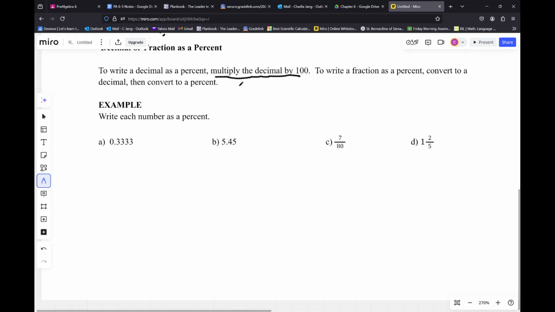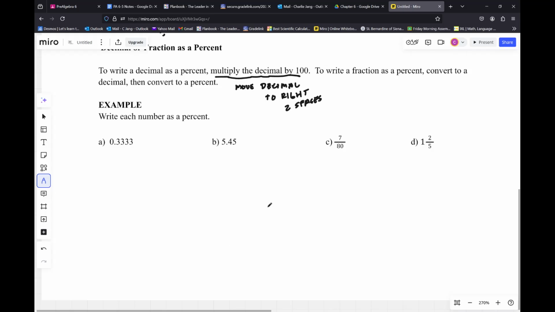You're multiplying by a power of 10. So move the decimal to the right 2 spaces. And because these are all percents, it's always going to be 2 spaces. Okay, all right. So hopefully that makes sense. We're going to try some examples now.